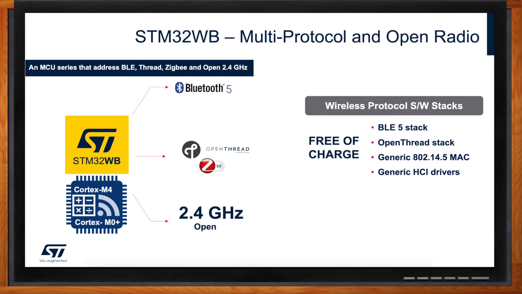The good thing also as an added feature, and I was talking about the interoperability between those protocols, is that the STM32WB supports concurrency between these protocols. So you can imagine a very simple device talking on one side Bluetooth and on the other side Zigbee, and making those interfaces between those different worlds or the different silos that do not talk together today. So it becomes very optimal to build those devices based on STM32WB.